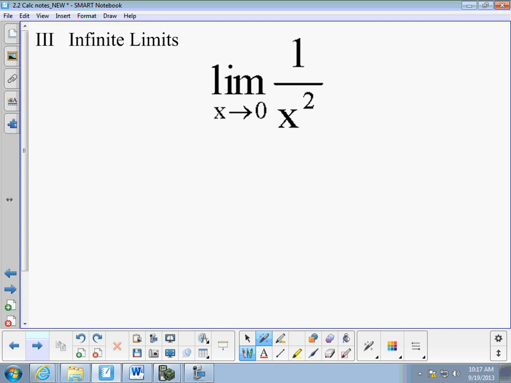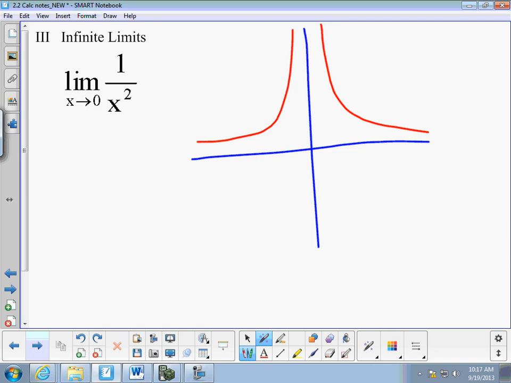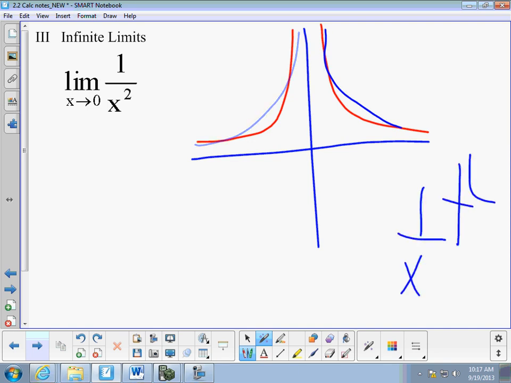Not the limit, just the function. 5. Yeah. Looks like that. Because it's x squared, they're going up on both sides. The x squared makes it positive on both sides. You don't have anything down below. 1 over x, if you remember, looks like this. 1 up and 1 down. But 1 over x squared, both of them are on the upper side.